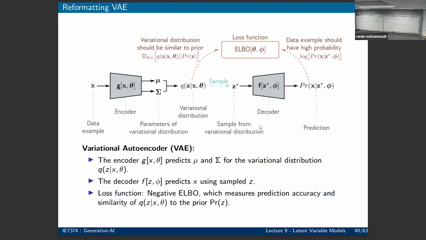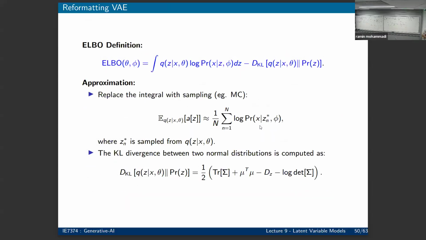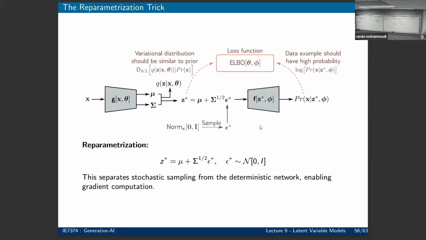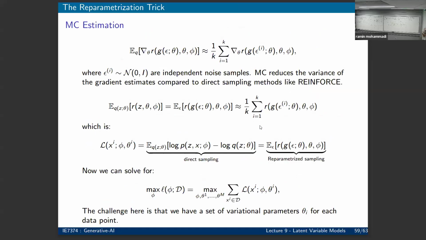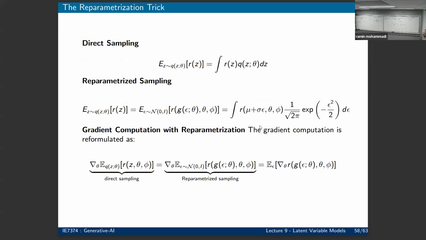So reparameterization gets rid of that sampling and converts this Z to a fixed formula, so you can backpropagate through that. Additionally, in order to calculate this expected value, instead of sampling Z, you just sample Gaussian noise and generate with respect to that. So it makes it computationally much easier.